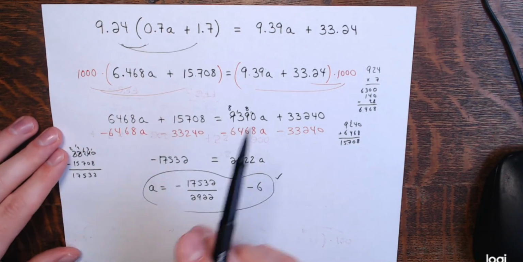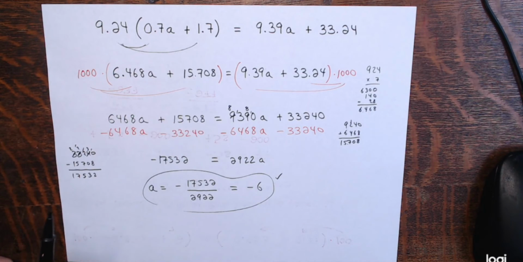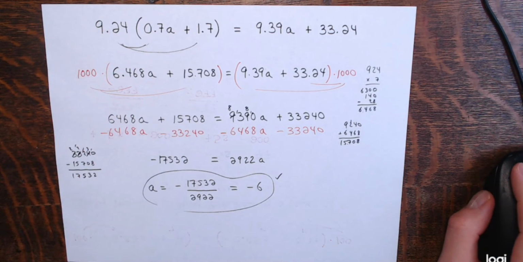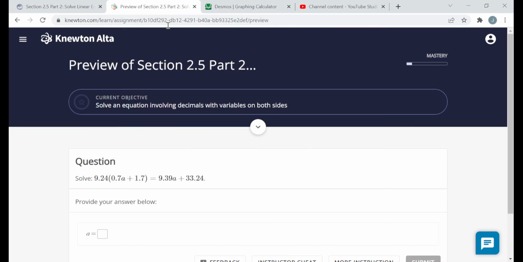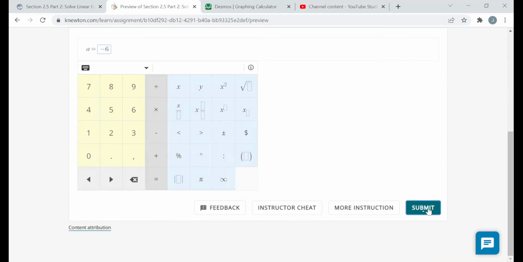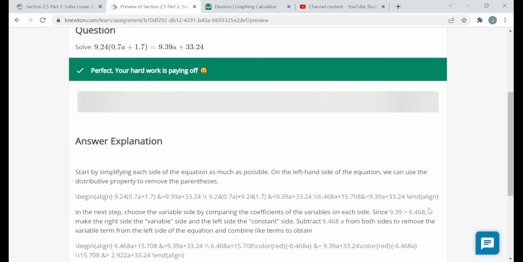Go back to the original equation, replace A with negative 6 on both sides, and see if it's true. It should be if I did everything correctly. And let's go back to the assignment and enter, A equals negative 6. Wonderful.